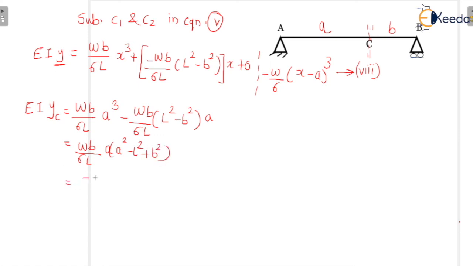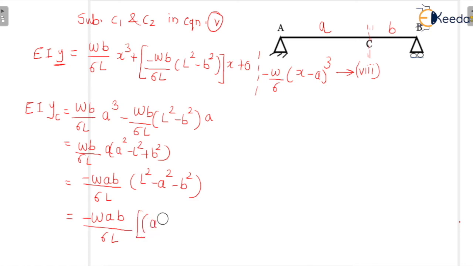Simplifying more, L square minus A square minus B square. So we can again rewrite it as minus WAB by 6L, then A plus B the whole square minus A square minus B square. This A plus B the whole square is nothing but L. We are simply trying to simplify it.